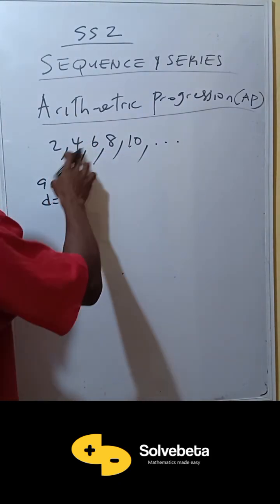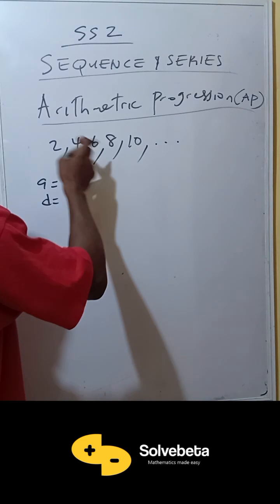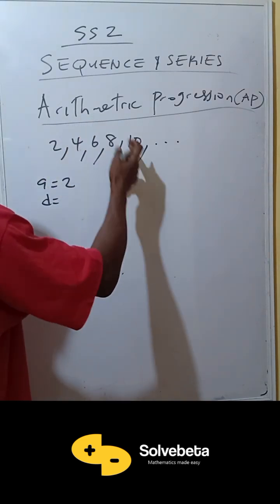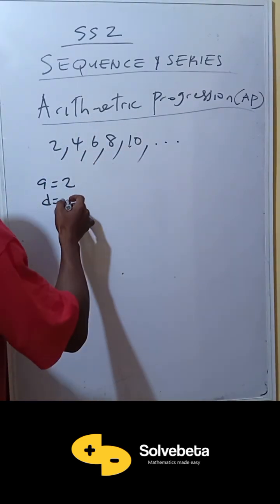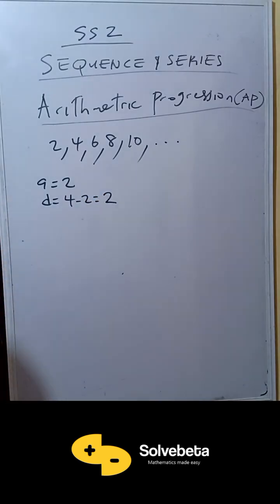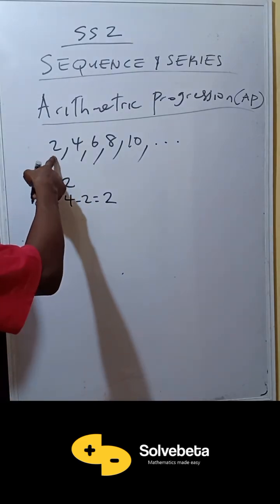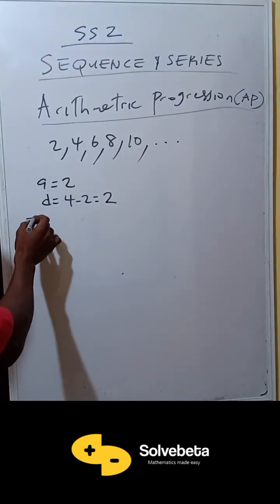You can say the common difference is 4 minus 2, or 6 minus 4, or 8 minus 6, or 10 minus 8. Let's say 4 minus 2. The common difference is what? 2.